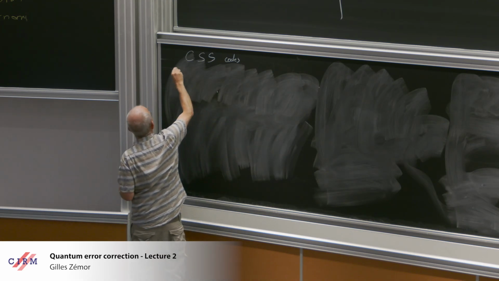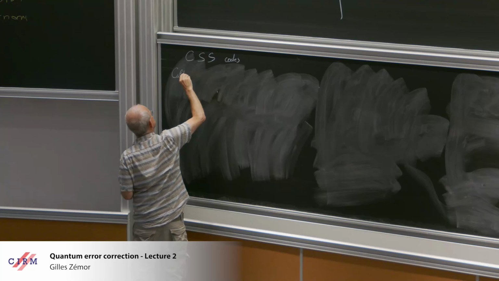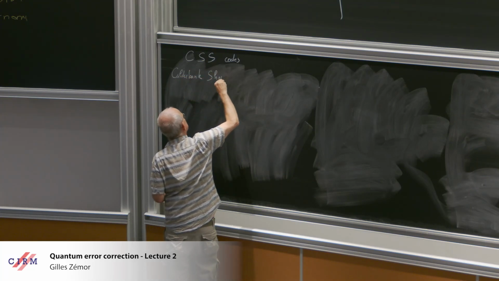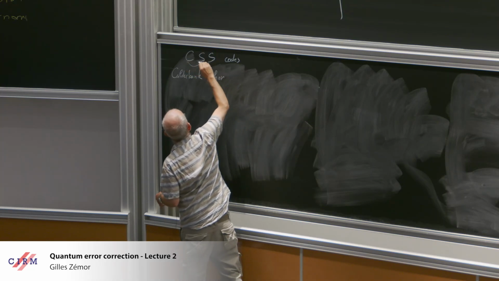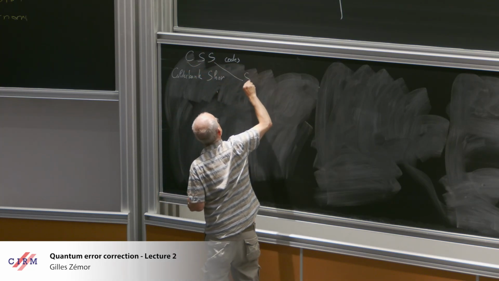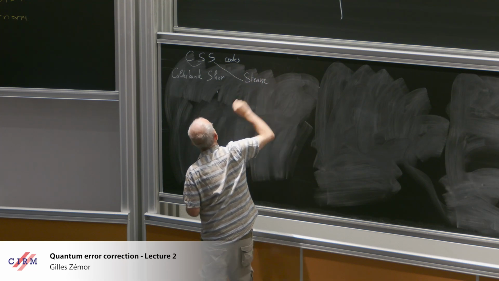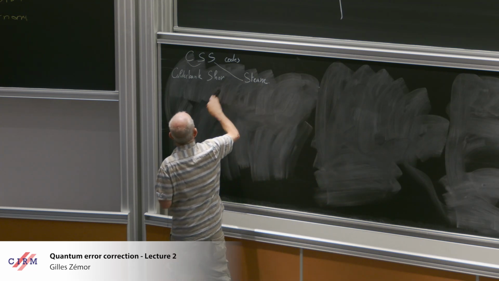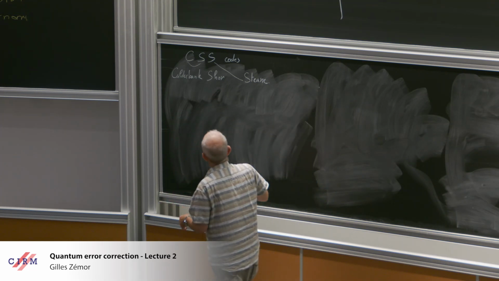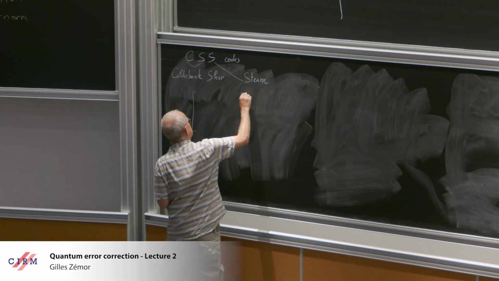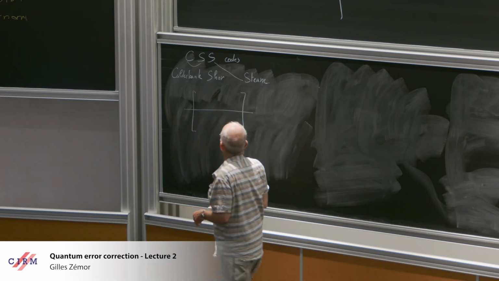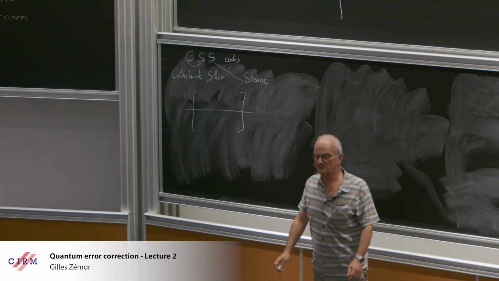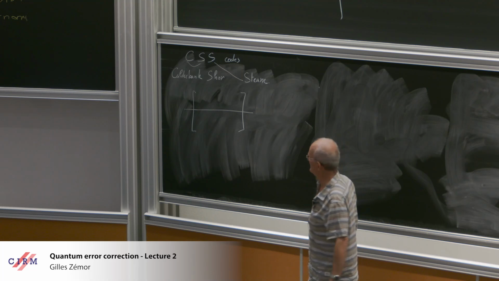So CSS codes were discovered independently by Calderbank and Shor. That's the first 2 letters. And there's an independent paper by Steane, who's the co-discoverer. And what are CSS codes? They're codes for which you can find 2 sets of generators. So they're stabilizer codes. They can be described with the set of generators of a stabilizer group.